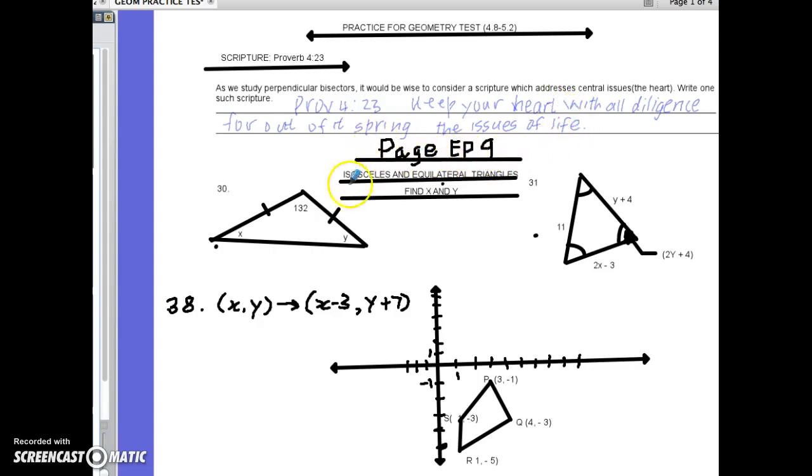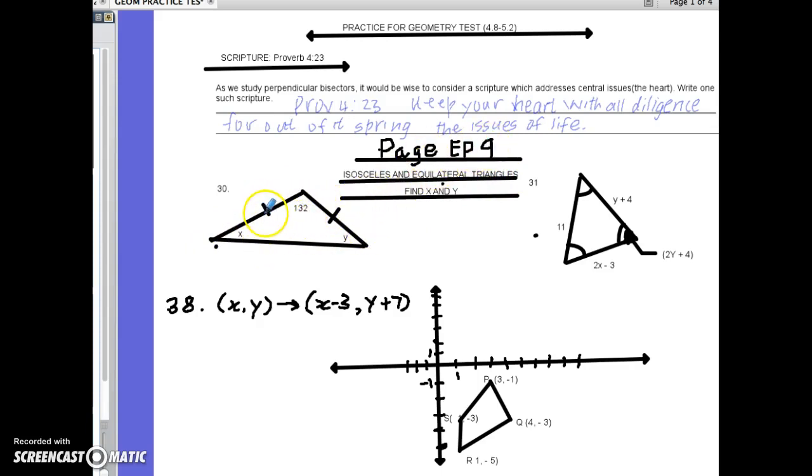The first central issue we're going to be dealing with will be coming up later on. But for now, from 4:8, we look at isosceles triangles, and that's what we got before us here in number 30 from page EP9.